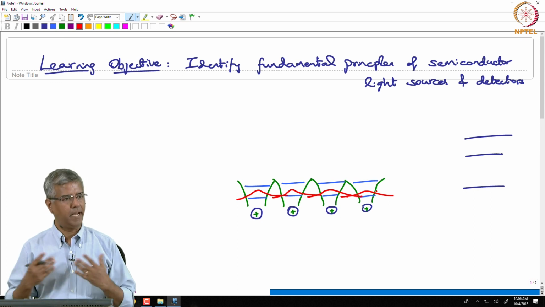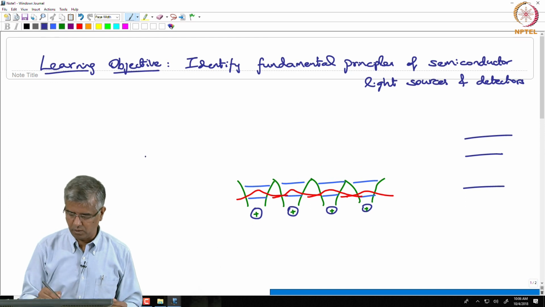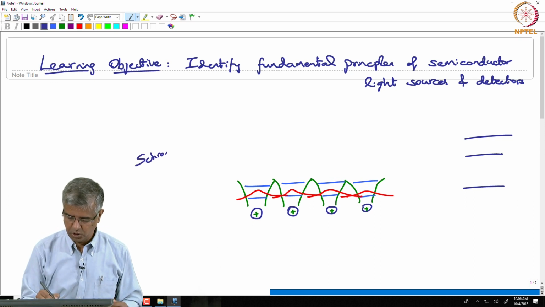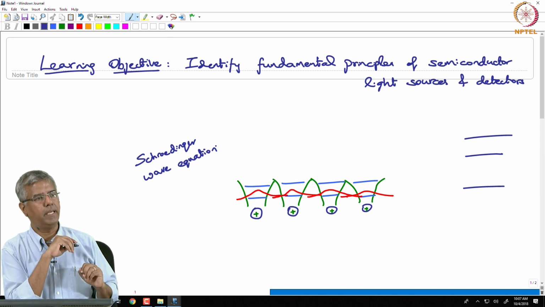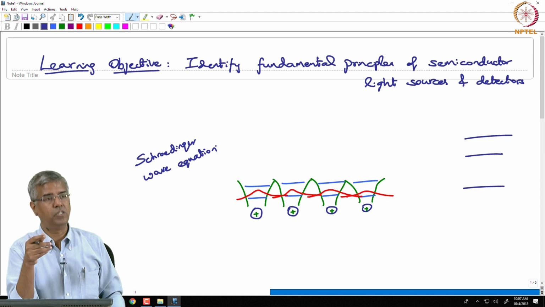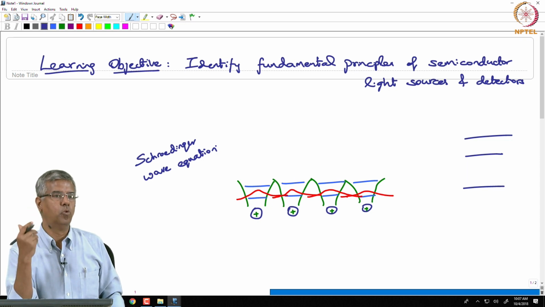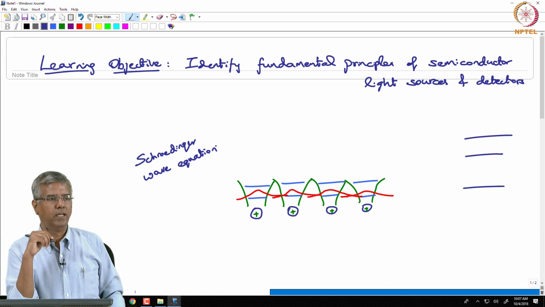Now we are starting to talk about electrons and transport of electrons, which is governed by what is called the Schrödinger wave equation. That basically talks about the energy of an electron and the movement of the electron within this material.